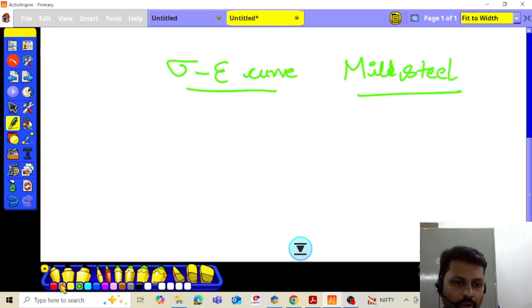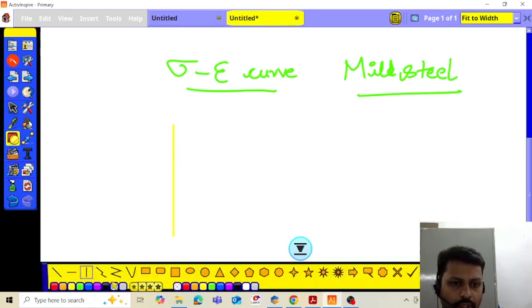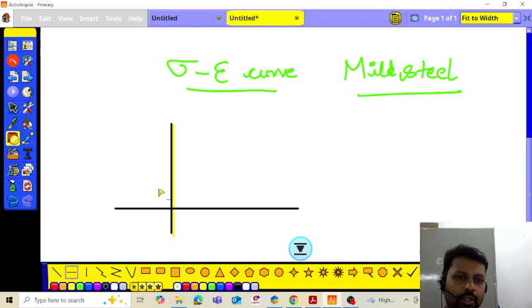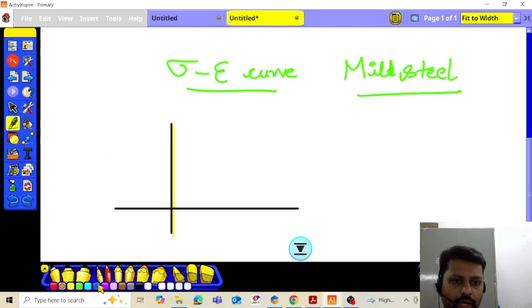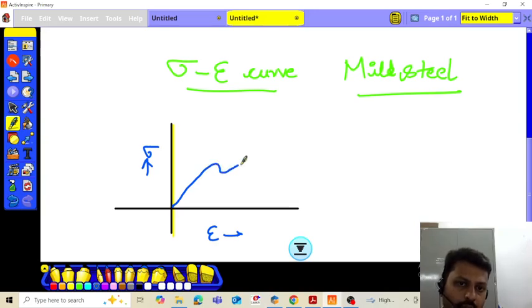If I draw an x-axis over here, with stress on one axis and strain on the other, the graph will look something like this. It will start to increase, and at a point it will come down slowly and then gradually increase, and then it will break.